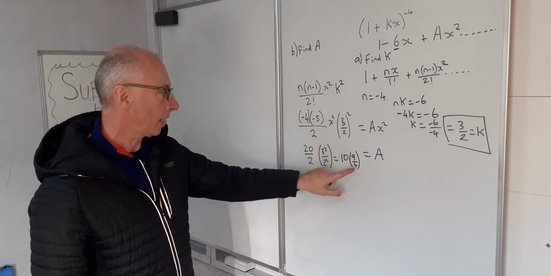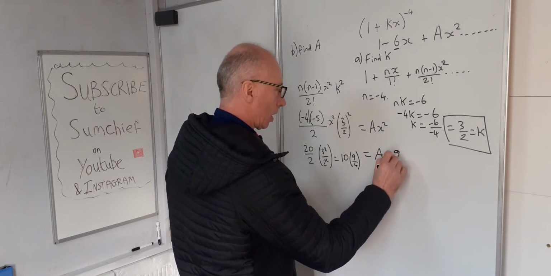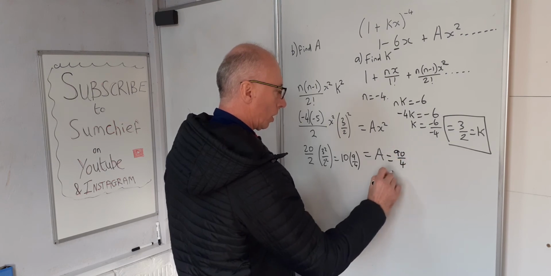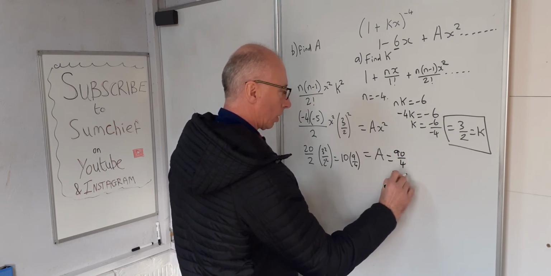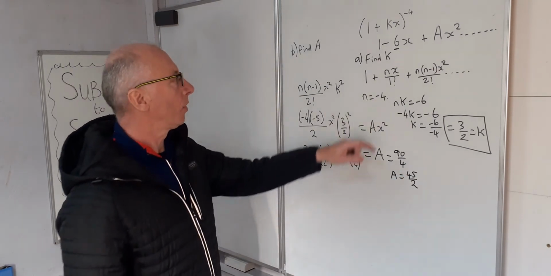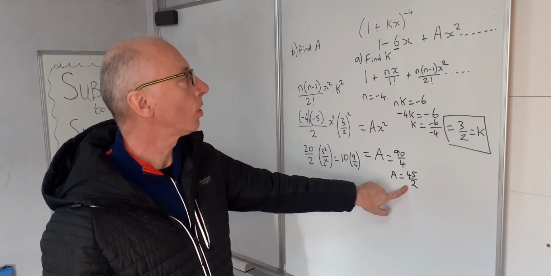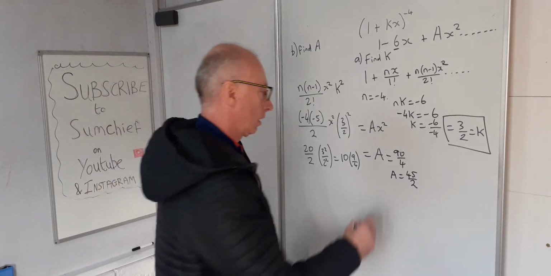So we now know that a equals 10 times 9 over 4, so a equals 90 over 4. Therefore a equals 45 over 2. So therefore ax² is just the same as 45 over 2 x². And that's our answer.